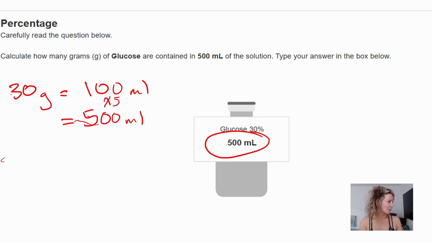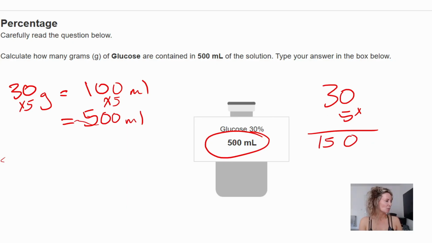So we have to do the same on the other side. Times by 5. So we have 30 times by 5. 5 times nothing is nothing. 5 times 3 is 15. So that means that 150 grams equals 500 mils. That will be our answer, 150.